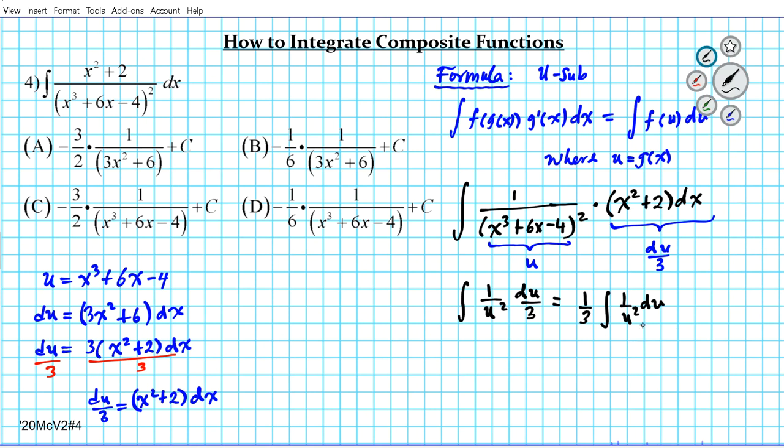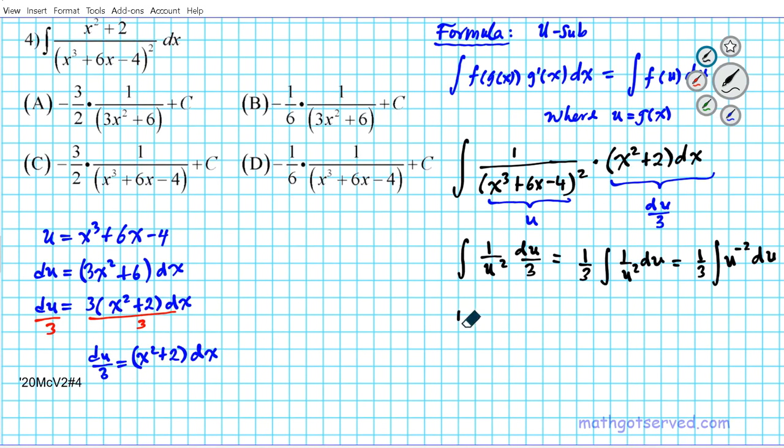We can reciprocate it and use the power rule. So we rewrite this as u to the negative 2, du. Let's apply the power rule here. 1/3 times the integral of u to the negative 2 is u to the power plus 1 over power plus 1, plus c.